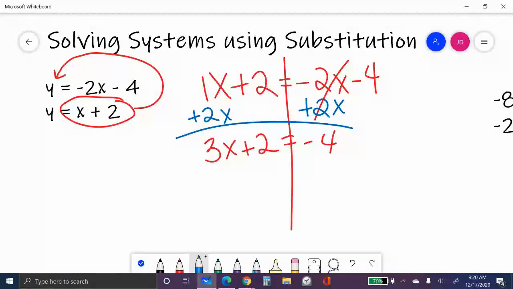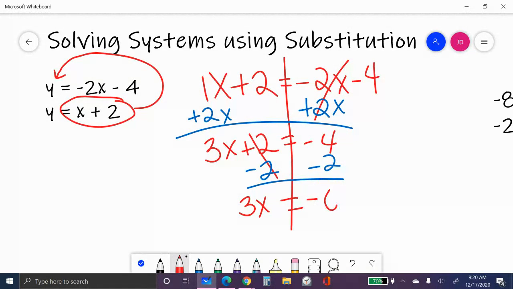Now it becomes a two-step equation, minus 2 from both sides. So we get 3x equals negative 6. Divide both sides by 3. And we get x is negative 2.